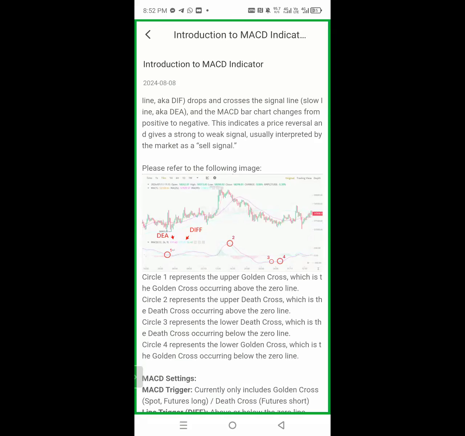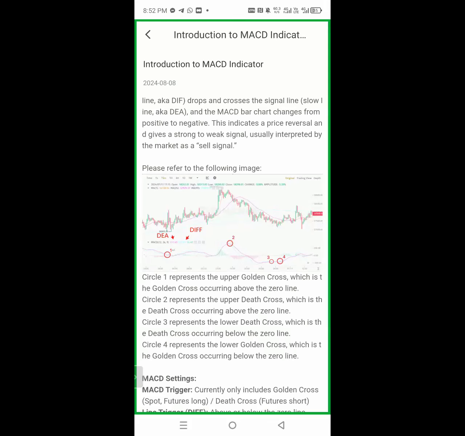Okay, so let's move to cycle two. Cycle two represents the upper death cross, which is the death cross occurring above the zero line, which also means greater than zero.